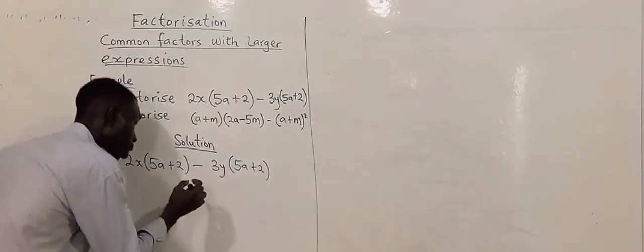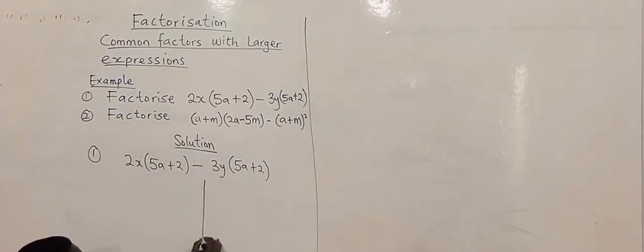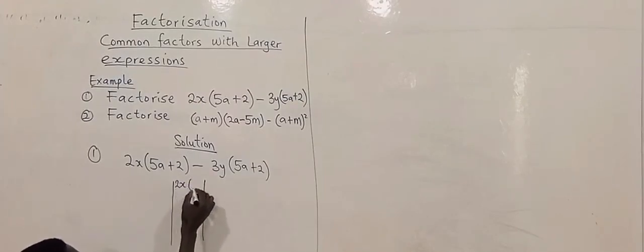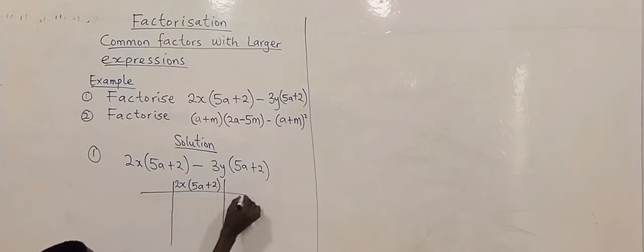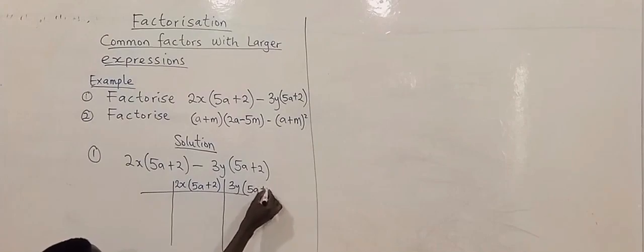Like we did, we get 2x into 5a plus 2, and then we have 3y into 5a plus 2.